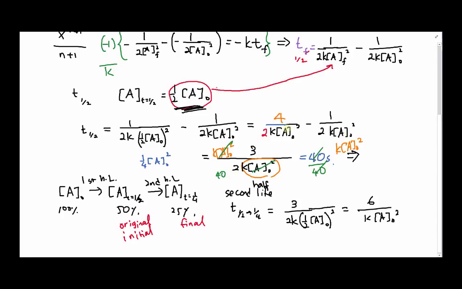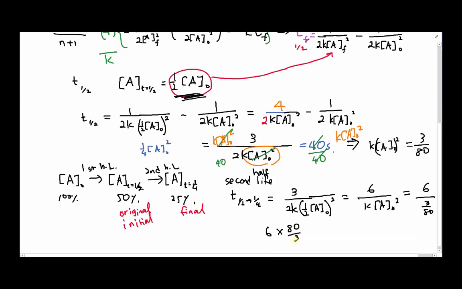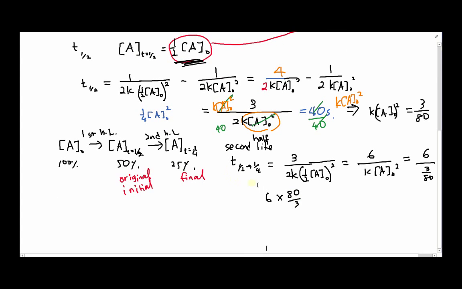So we get 3 over 80, and you notice that this is the same thing as that. 6 times 80 over 3, two times 80, you get 160 seconds.